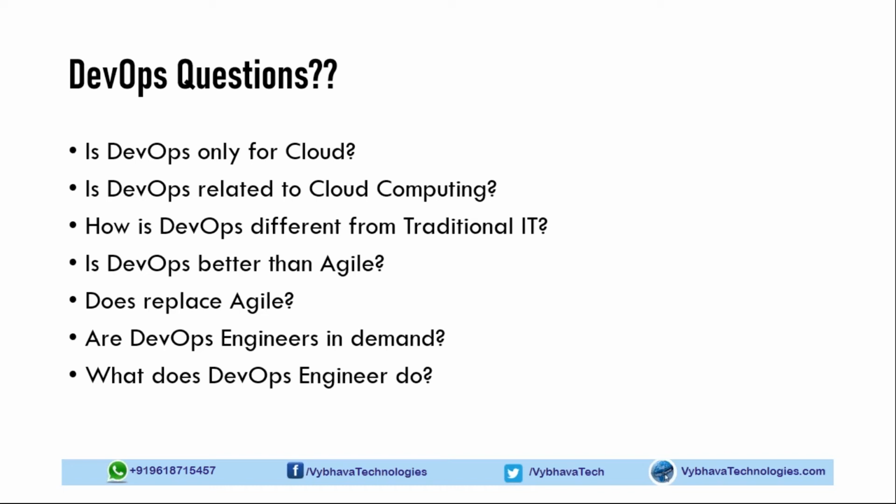Is DevOps better than Agile? Agile is internally going to have the implementation of your DevOps. So is it going to replace Agile? Yes, you can say Agile is replaced. Your Agile is agility, and you are going to have all that methodology inside your DevOps culture.